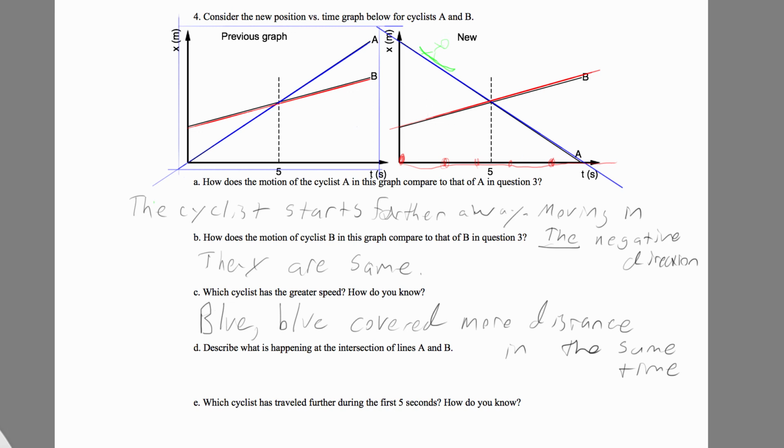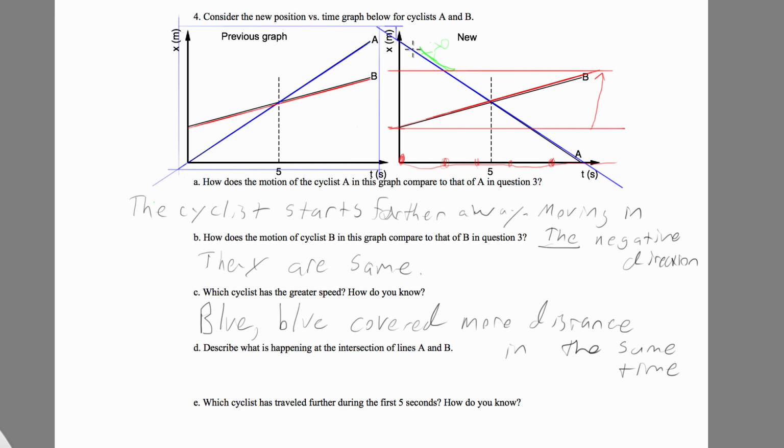In this time, in red, I'm going to draw a line here, and I'm going to draw a line here. So this is how far red moved. Red moved from this location to this location. And in that same amount of time, what did the blue cyclist do?